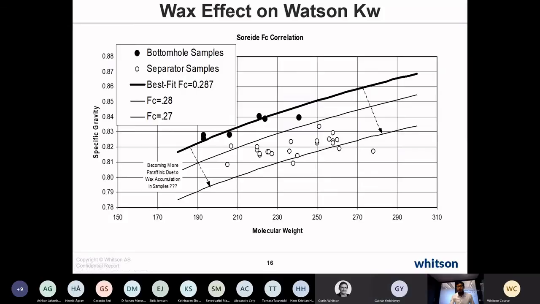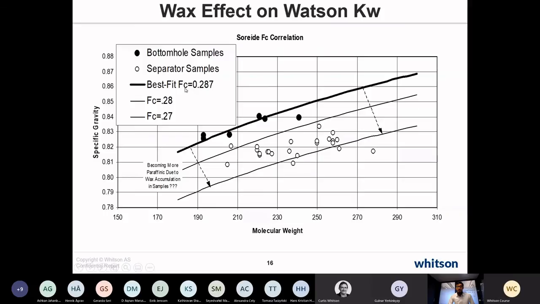Yeah, so that's a very good question. Here on this slide, you see that it's FC and FC. Watson characterization is one correlation that you can use to develop the specific gravity molecular weight relationship for a given field.